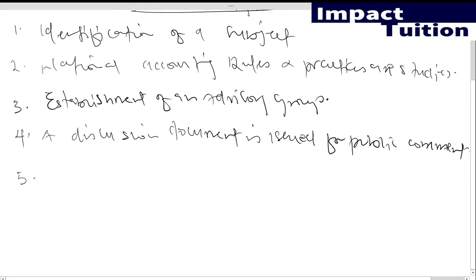So after the IASB has identified a subject, national accounting rules and practices are studied, and there's an exchange of views with national standard setters, and an establishment of an advisory group to advise the IASB. Then the IASB issues a discussion document for public comment.